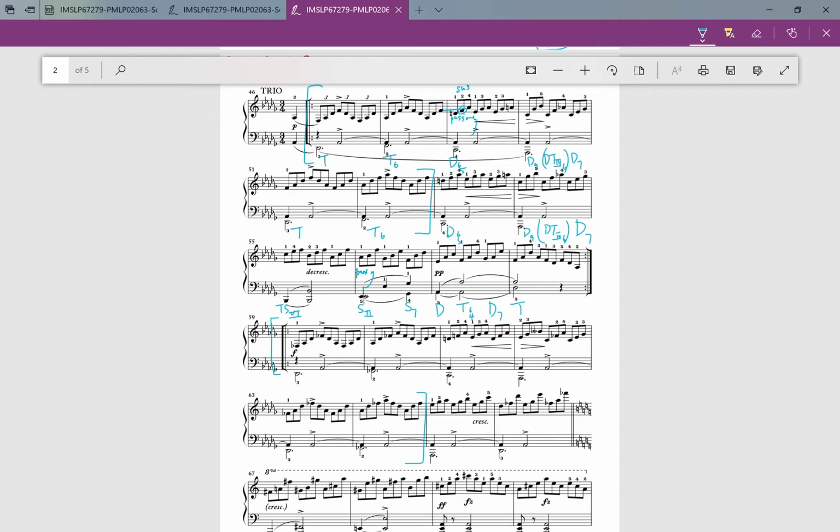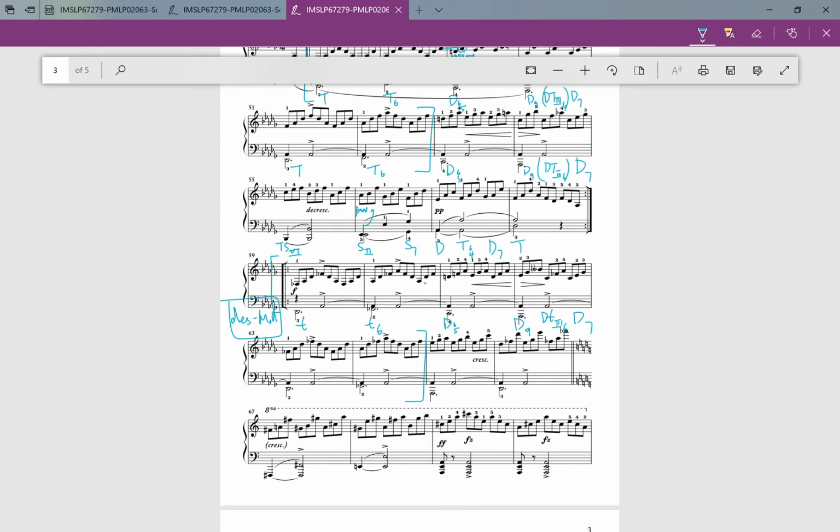So we're still in the key of D flat, but now we're in the key of D flat minor. So I'm just going to copy this from the section above, but I'm going to change all the capital T's into lowercase t's. So this 3 chord is an augmented chord, and then here we have this. Now here it's different.